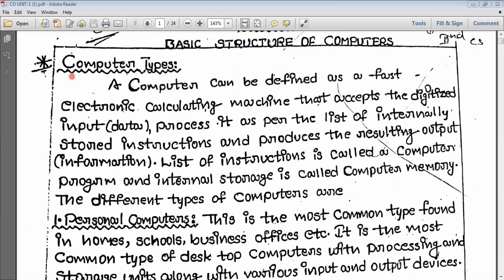In the processor, whatever operation we give will be executed. After executing, the result is obtained, and that result is given to the output device.